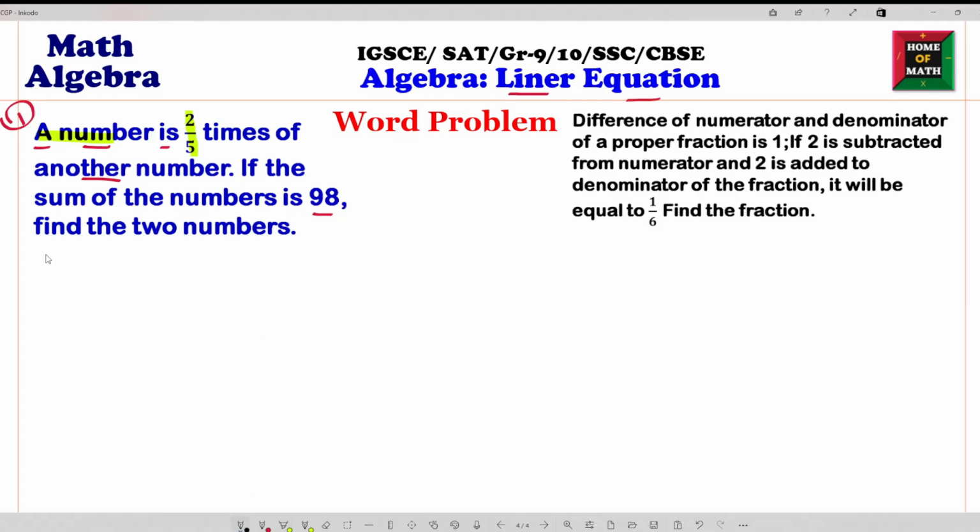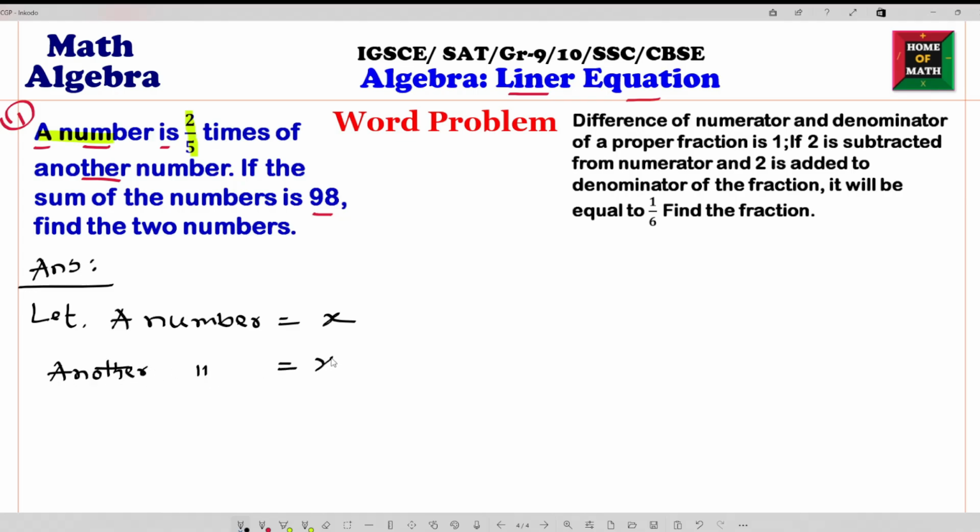So let a number equal x, and another number is x of what, 2 by 5, or we can say 2x divided by 5.